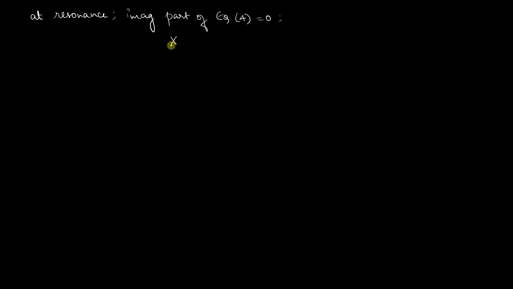So let me write this step directly: XL equals XC into R square divided by R square plus XC square.